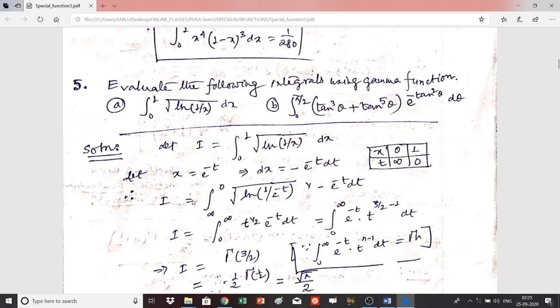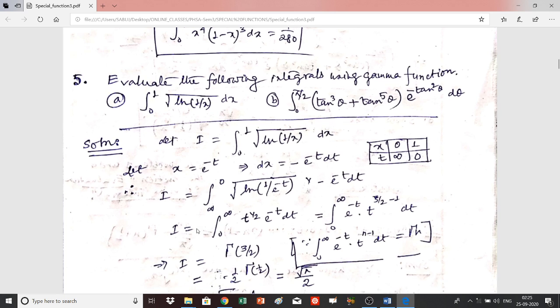Now we have to substitute the value of x and dx in this expression. So I is equal to the integral with limits infinity to 0 of square root log 1 by e to the power minus t, into dx, which is minus e to the power minus t dt.